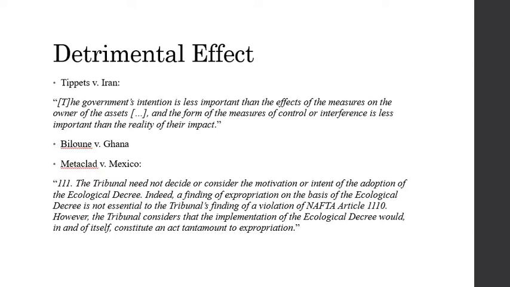In Metalclad versus Mexico, the issue involved was whether denial of a permit by a local municipal authority for development and operation of Metalclad corporation's hazardous waste landfill was violative of NAFTA, including the right against indirect expropriation.